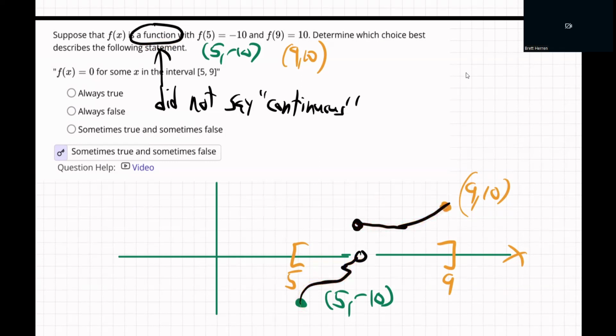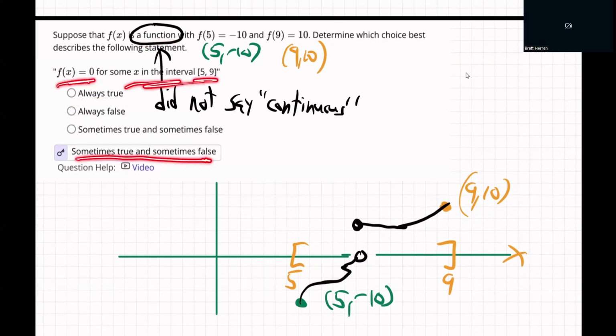So then does it have to hit zero? Not necessarily. It could skip over a height of zero, couldn't it? So that's why the answer is sometimes true, sometimes false. It could hit zero, but we can't say for sure it's false. No way it's hitting zero? It might not. We don't know. They never said it's continuous. Sometimes true, sometimes false.